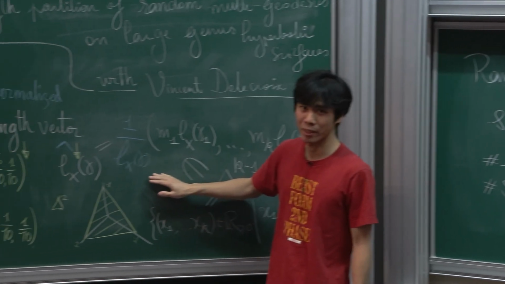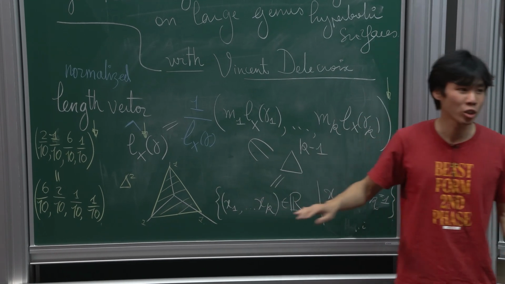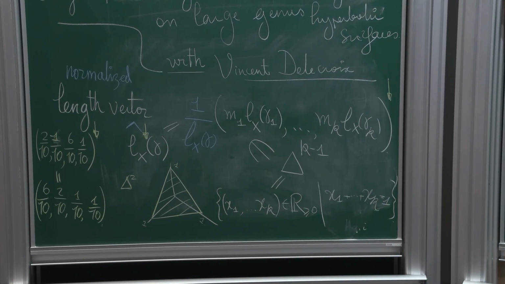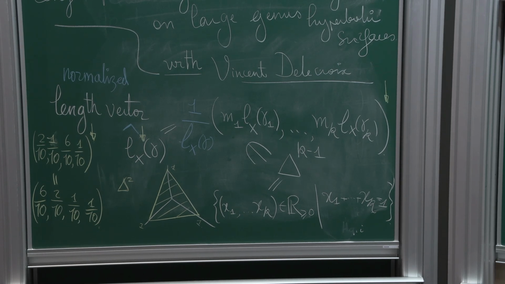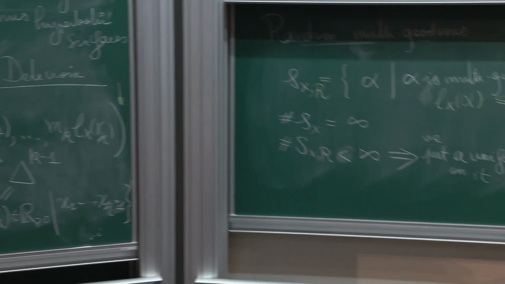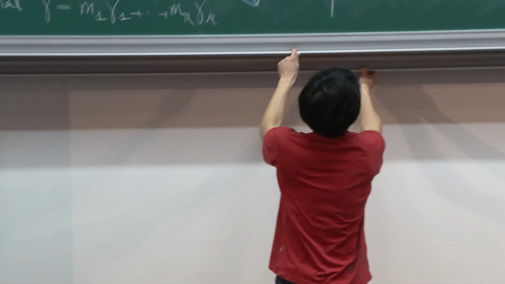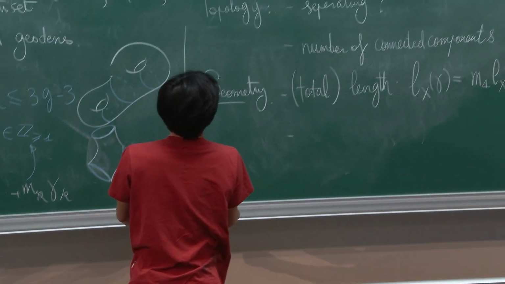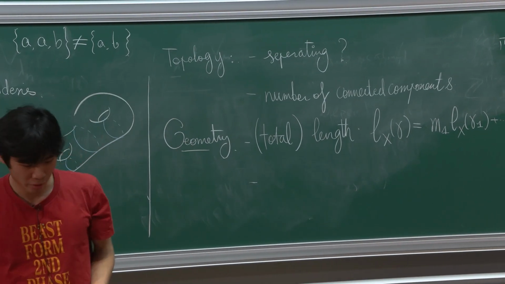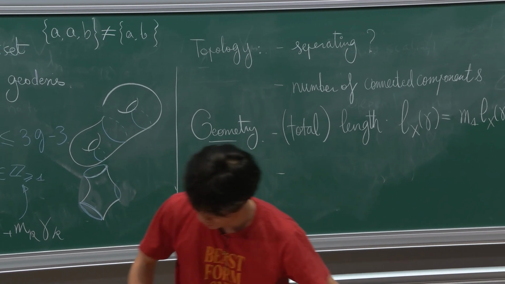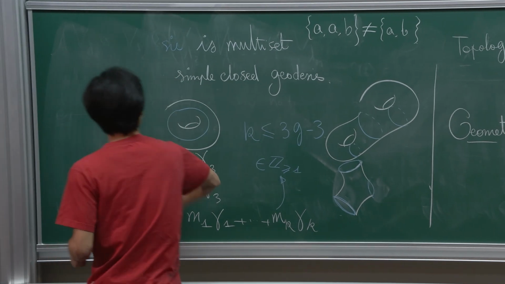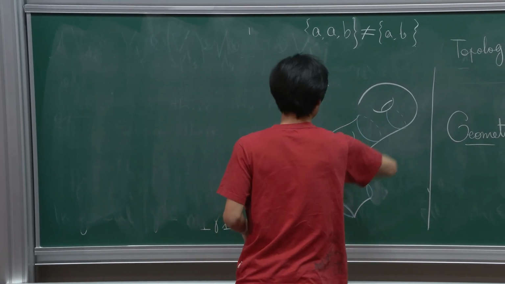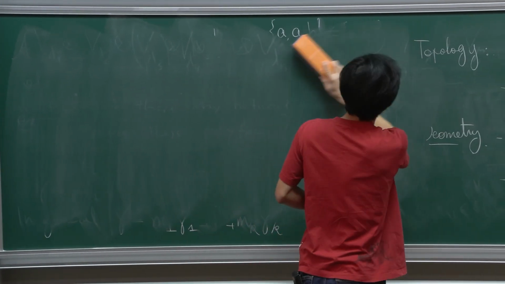We're interested in the shape of the length partition of a random multi-geodesic on a large genus hyperbolic surface. So I think now I can state our main results.